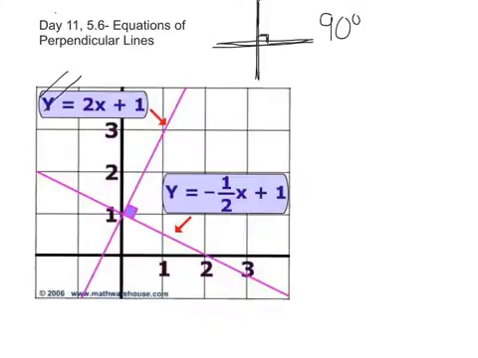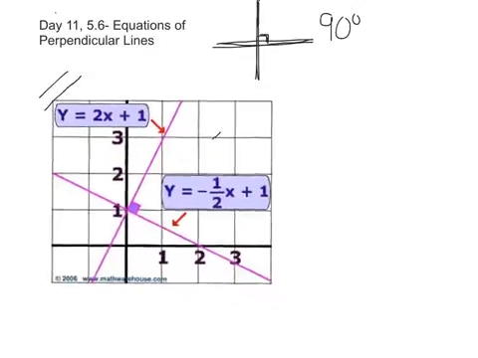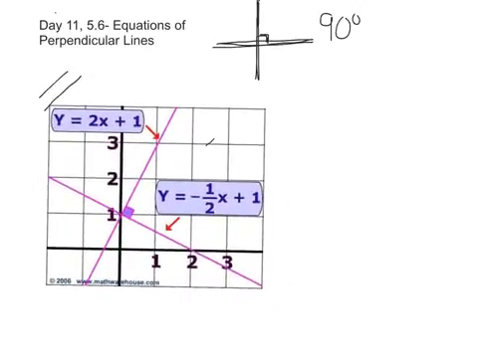It just so happens that these two have the same y-intercept, and that isn't always true. They could have different y-intercepts. I'll show you another one in a minute. But in this one, what do we notice about the slopes?